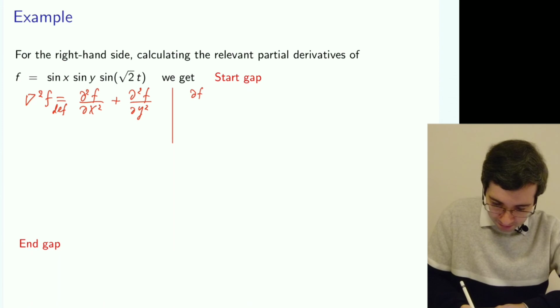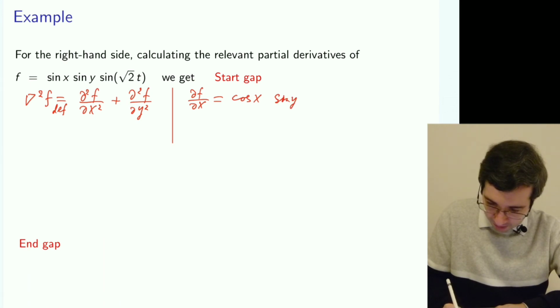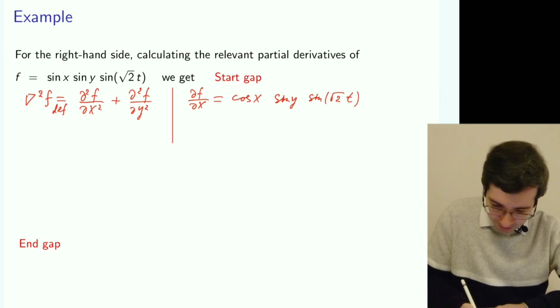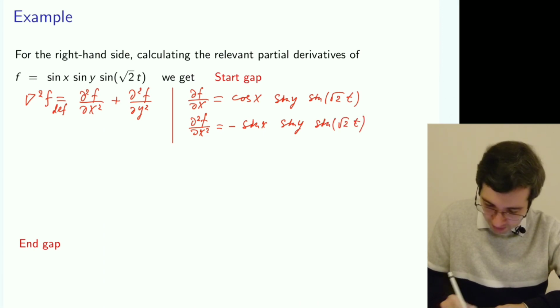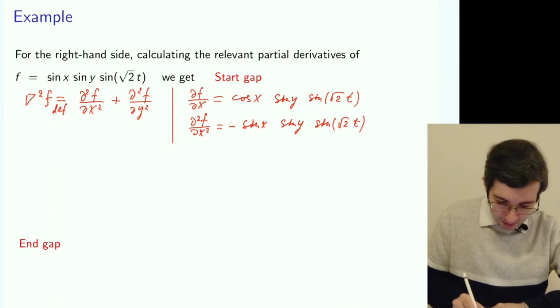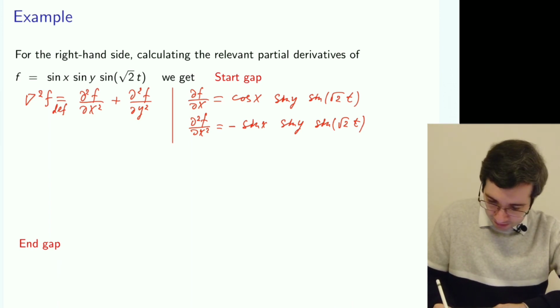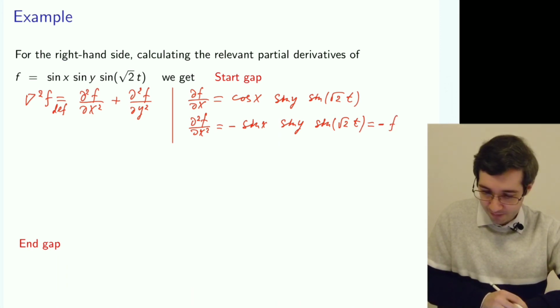We take df over dx, which will be cosine x sine y, and we don't touch the time part this time, then differentiate it once again, and we get minus sine x sine y and the same time factor. So you can actually see that this is minus f, if you wish.